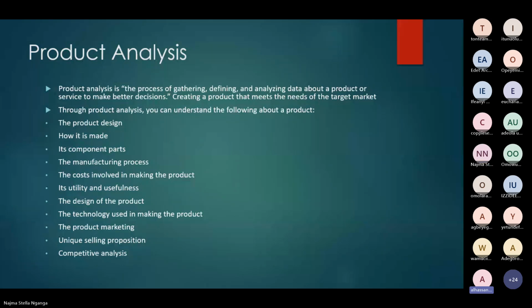Then you also talked about what a product is, then product description and how to write product descriptions. Then last class you still continued with how to write a product description and the steps involved.